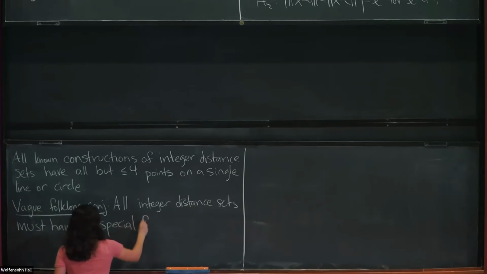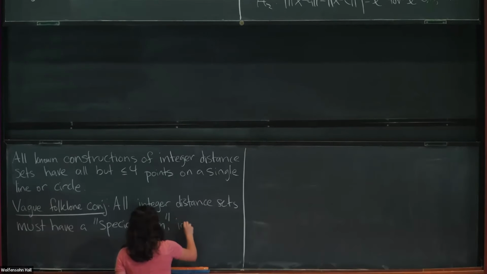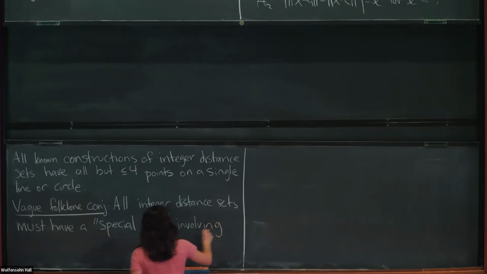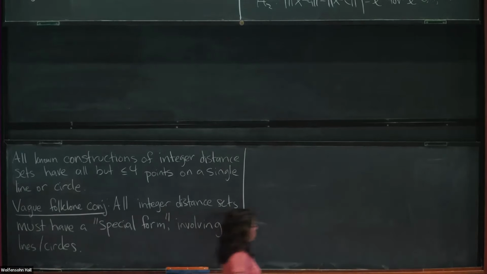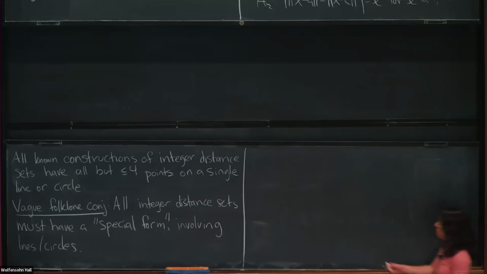The special form probably has something to do with lines or circles. And the result I want to speak about today is the first progress towards this vague folklore conjecture. We prove a structure theorem that says that any integer distance set must have all but a very small number of points lying on a single line or circle.